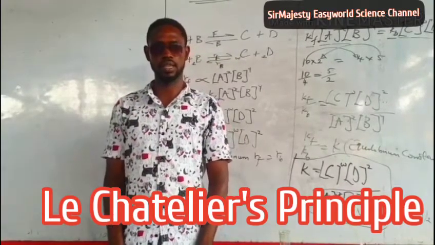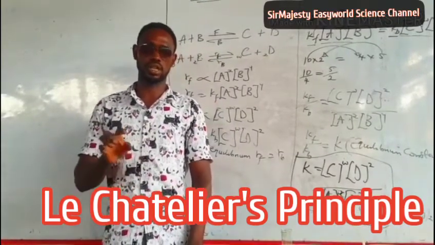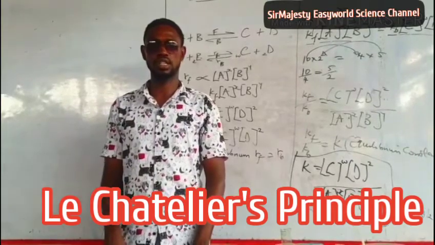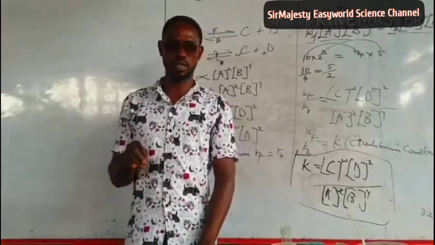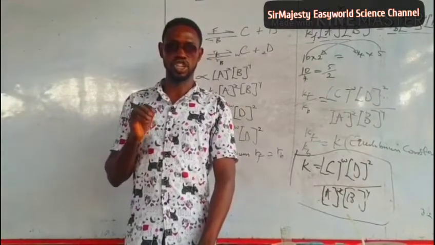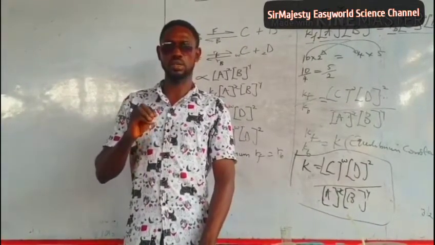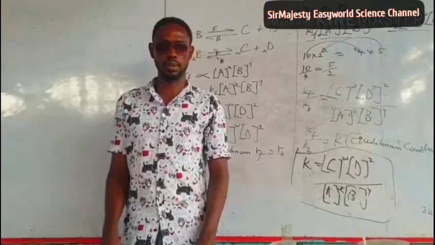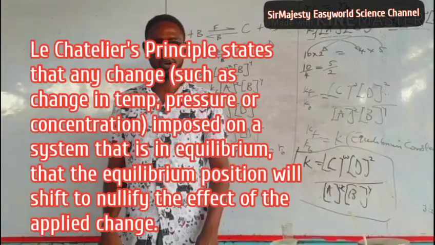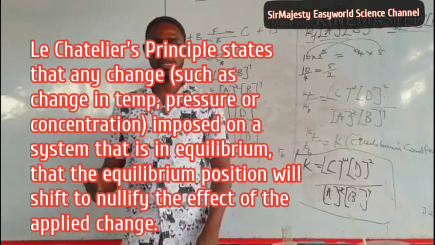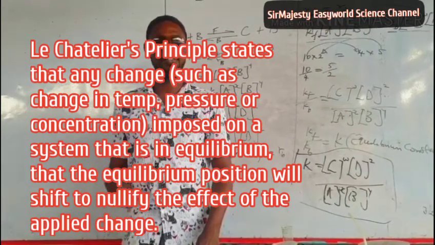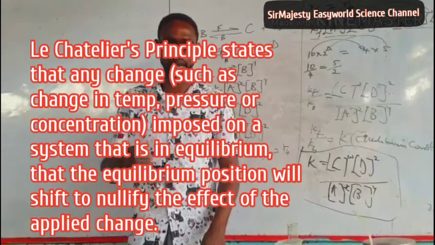And whose principle am I stating here indirectly? This is Le Chatelier's principle. Le Chatelier's principle states that in a reversible reaction that is at equilibrium, change in the qualities or the properties of the system, such as change in temperature, pressure, or concentration, will shift the equilibrium either to the left or to the right in order to nullify the effect of the change applied.